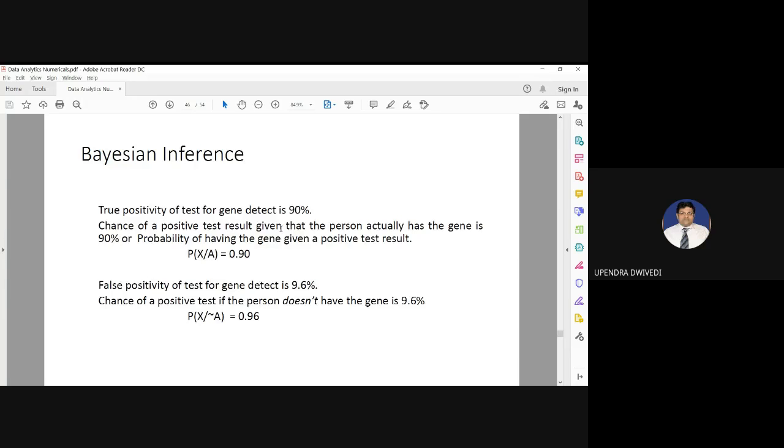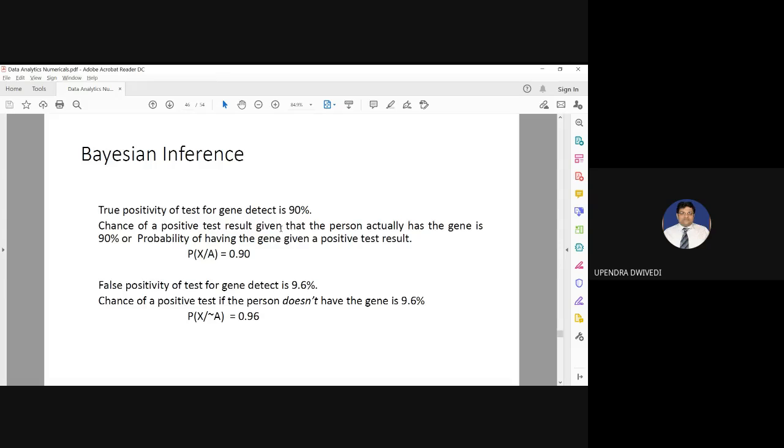Next statement: the false positivity of the test for gene defect is 9.6%. You can rearrange the sentence: the chance of a positive test if the person does not have the gene defect is 9.6%. Here the event is not having the gene defect, that is not A, and we are calculating the probability of a positive test.